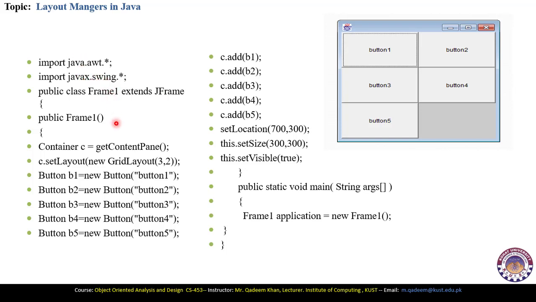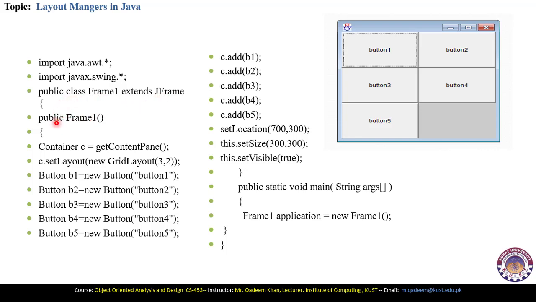The swing package is useful for defining all these controls, for example buttons, and then adding these buttons to the container. Then we have public class Frame1. Frame1 is our own class, which is inherited from JFrame.